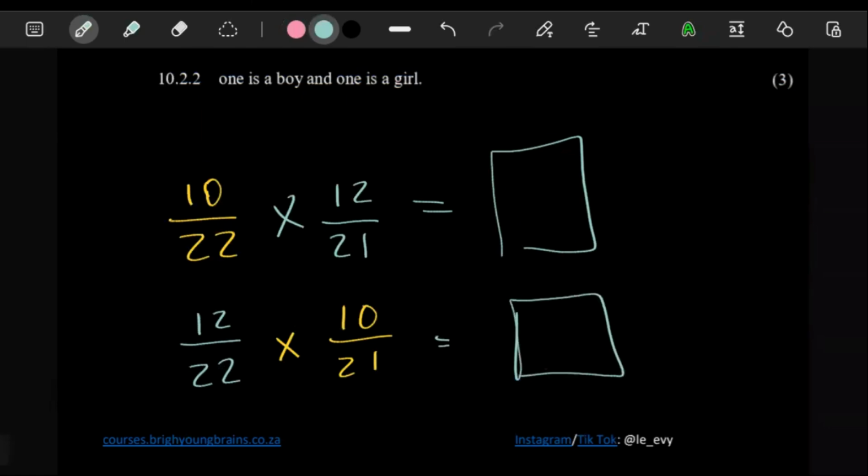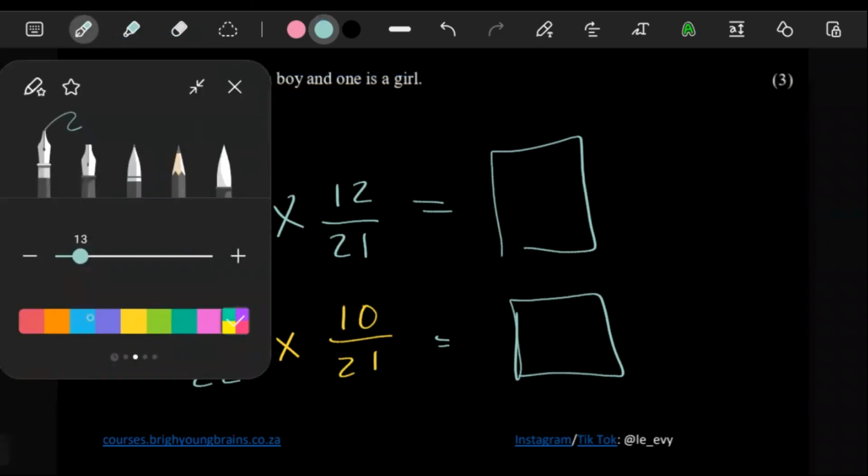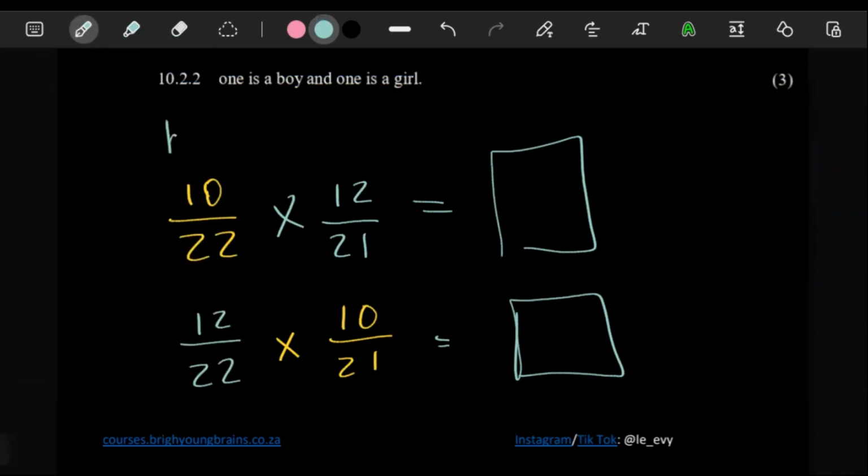You choose a boy first and then a girl, or you choose a girl first and then a boy. You know, those are the scenarios, you see. Let me actually write them out here so that they are a bit clearer. You can either choose a boy first and then a girl afterwards, or you can choose a girl first and then a boy afterwards.